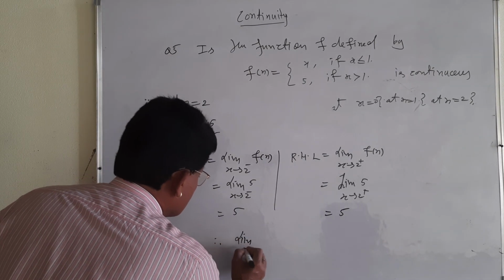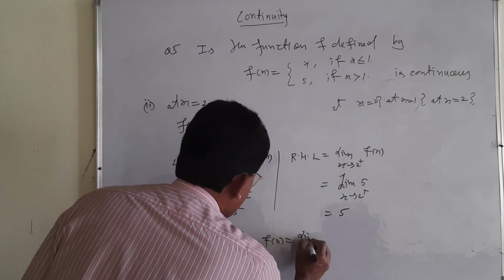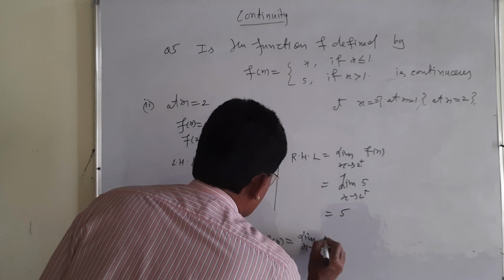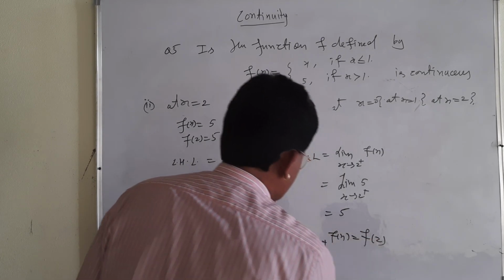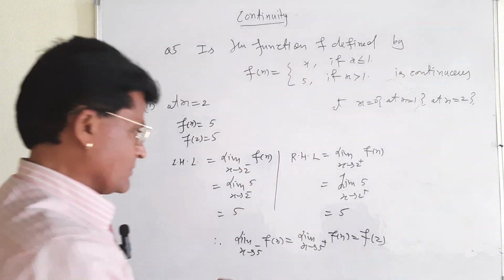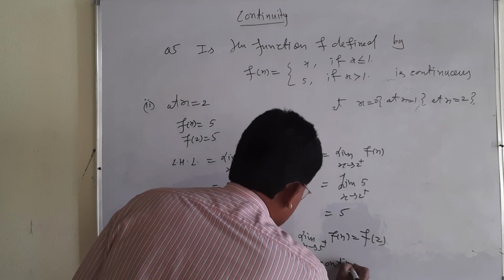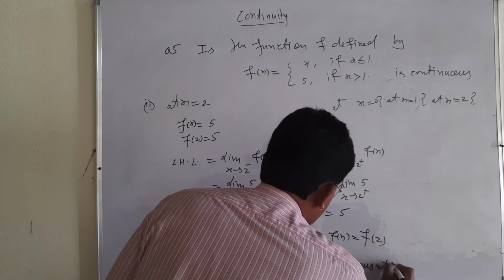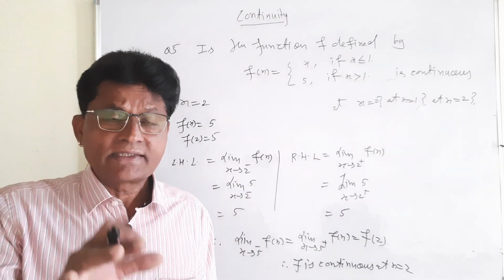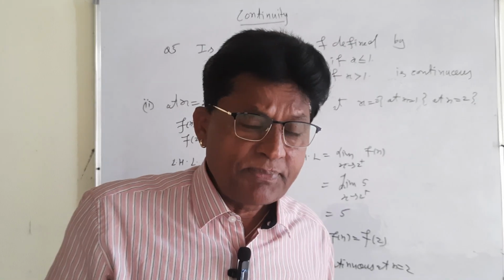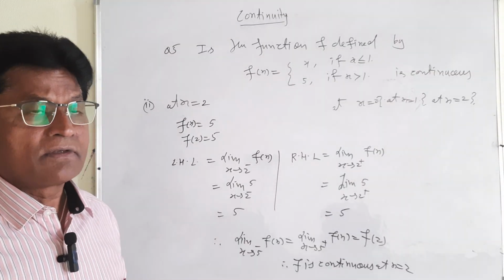My dear student, the limit as x tends to 2 from the left of f(x) is equal to the limit as x tends to 2 from the right, the right hand limit of f(x), and it is equal to f(2). All are equal, same. You can say that function f is continuous at x is equal to 2. That is why you must be aware and keep in mind, find out the values. Like that you can check whether the function is continuous or not.